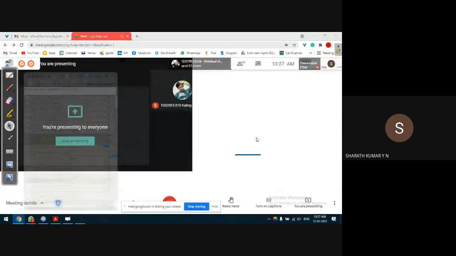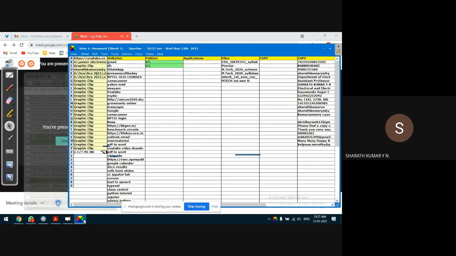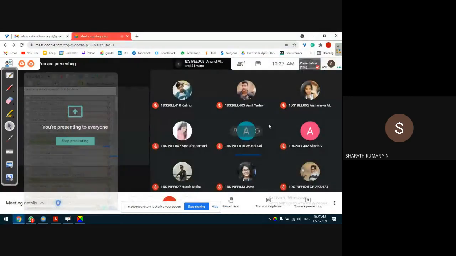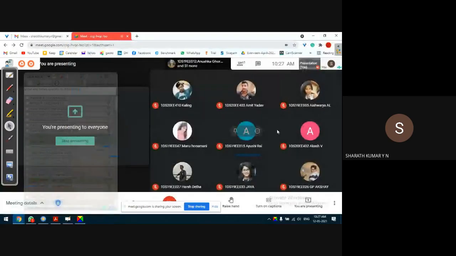I need to open this so that I can note down the clipping. Just hold on a second. I think I have a few clips taken. Okay, here we go. 63 is today's strength, including me. No problem.